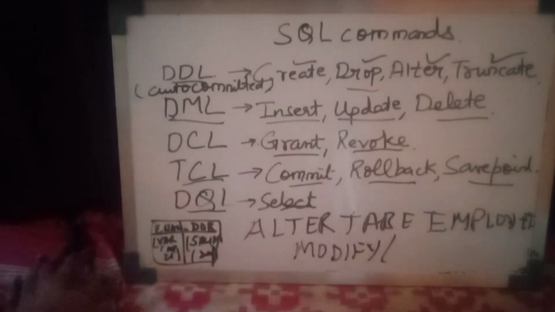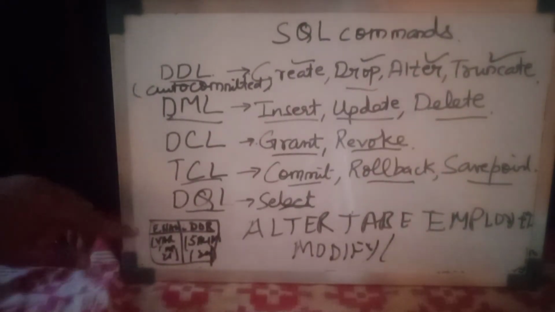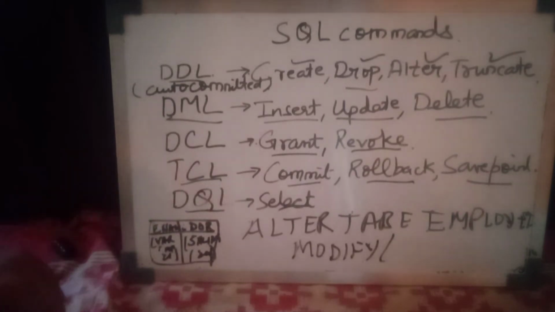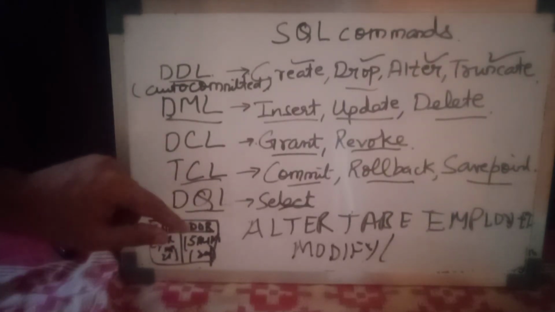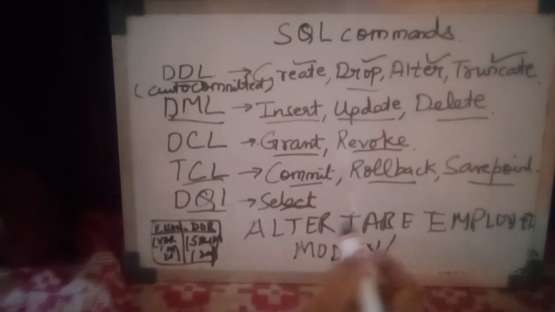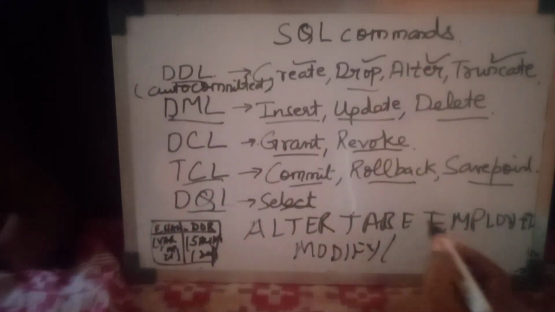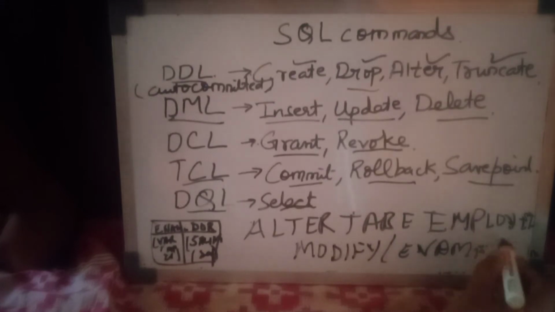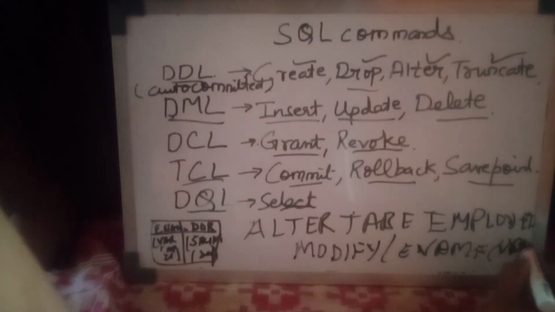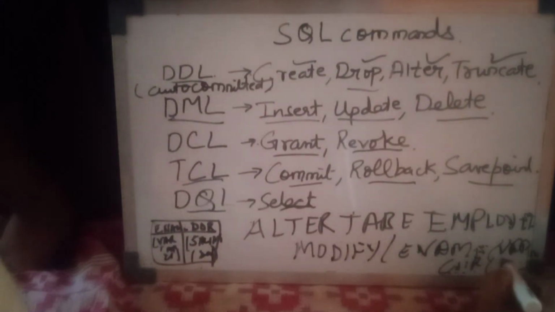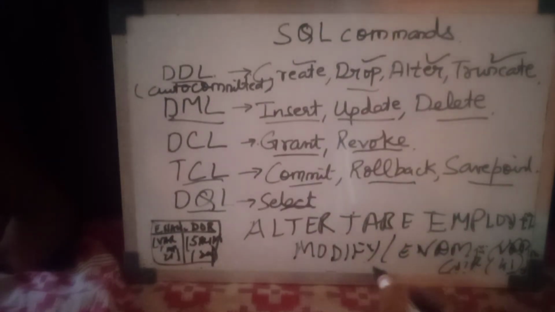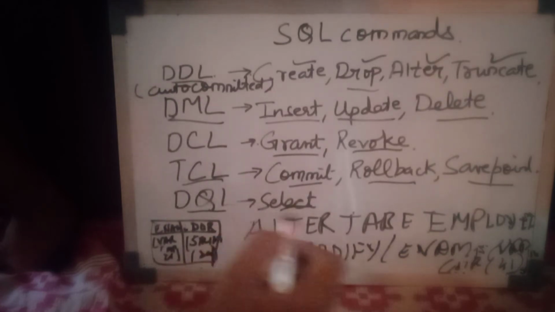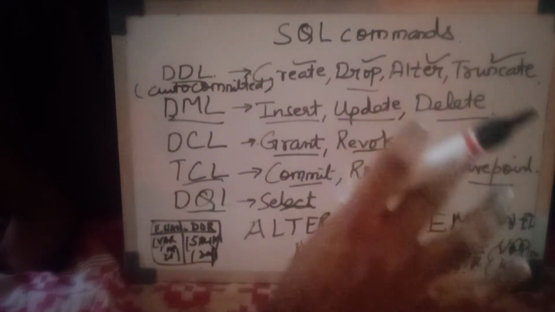By using the modify command you can change the size of the employee name column, or you can change the size of the date of birth column. That is: alter table employee modify employee name, and you can increase the size of this varchar to varchar 40, or alter table employee modify date of birth from string to varchar 100.